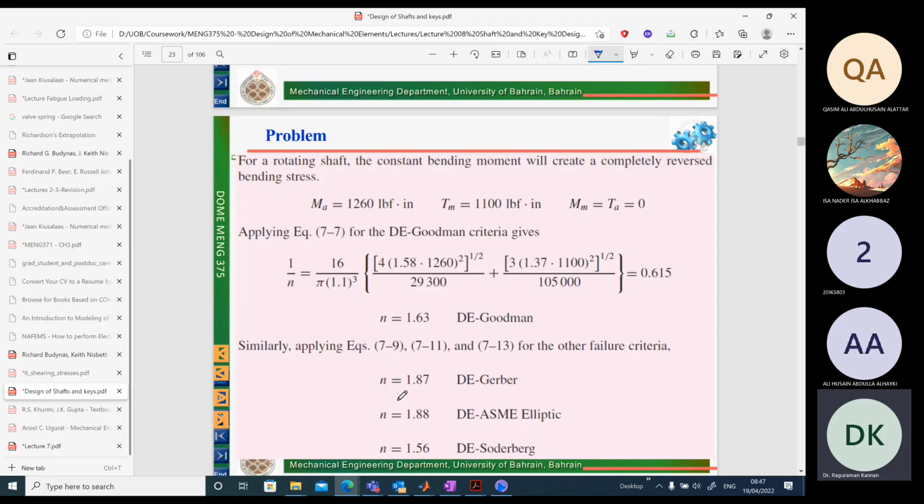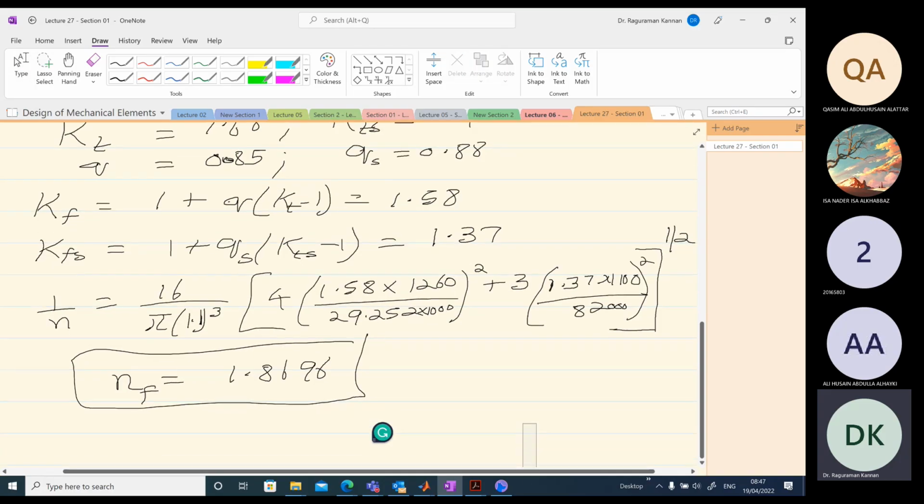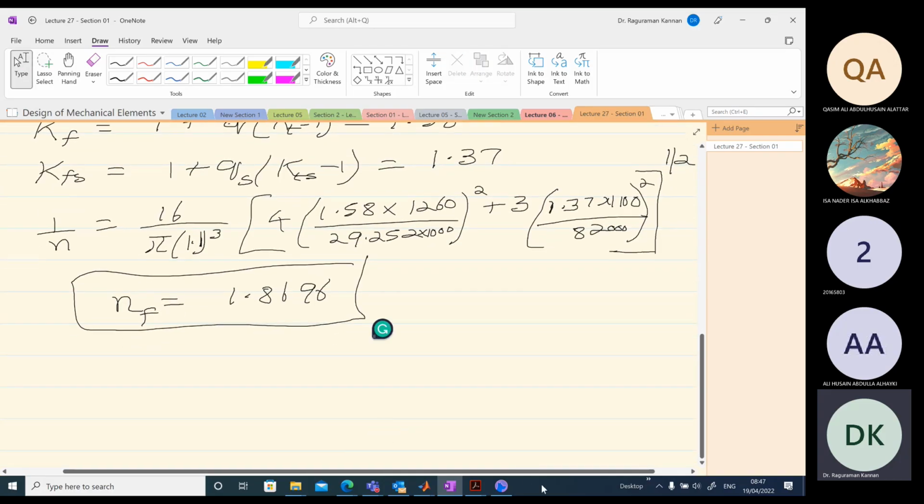So quite close to the value given here. Okay, so the formulas, you can see they are different depending upon which particular criteria we have taken. We have taken according to ASME elliptic, this is the fatigue factor of safety.